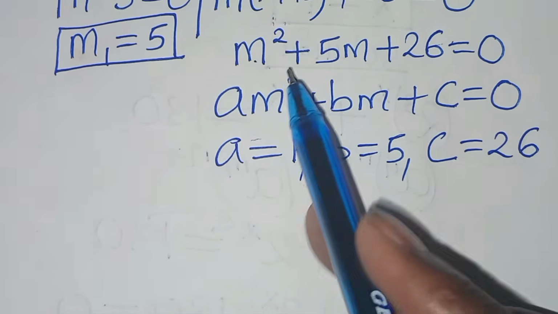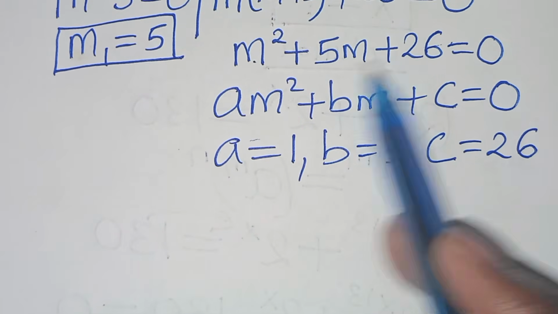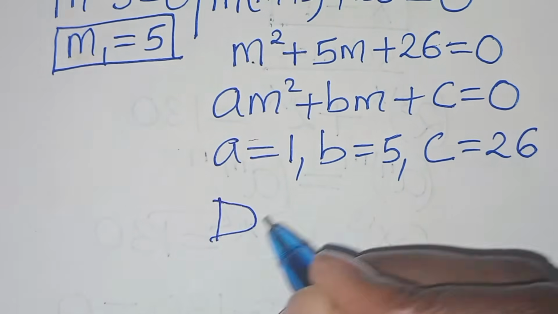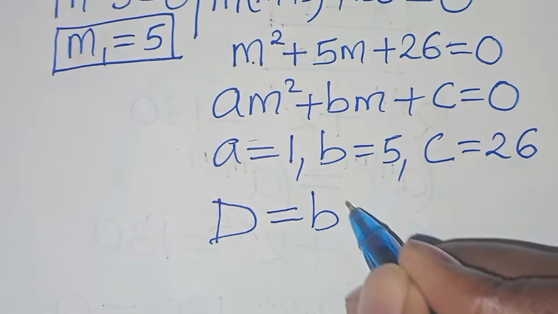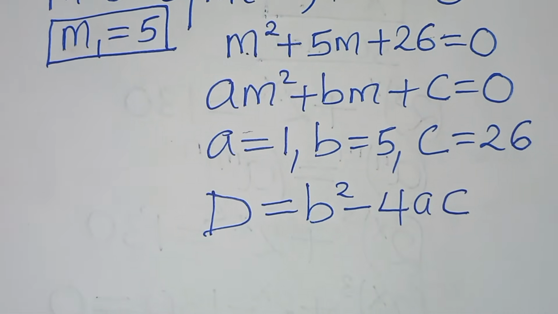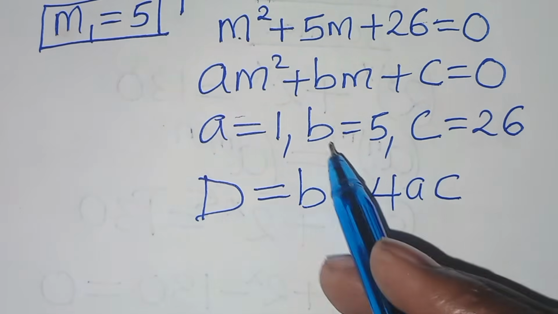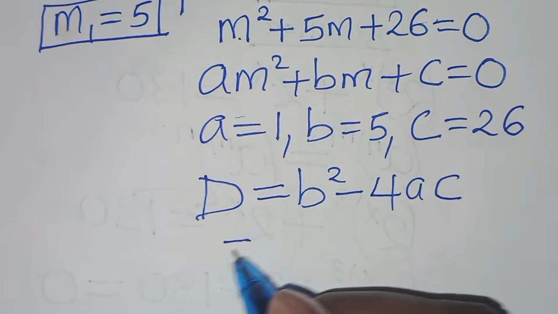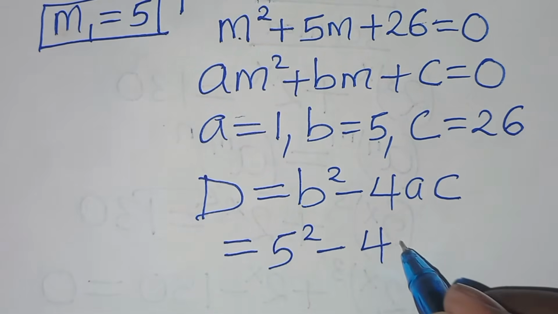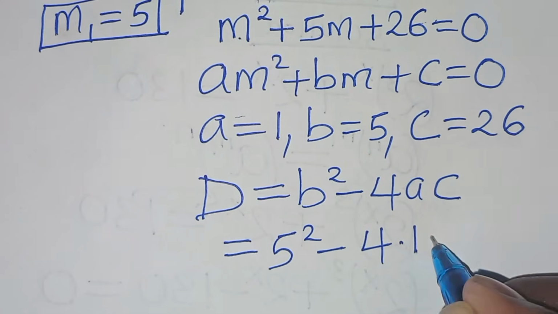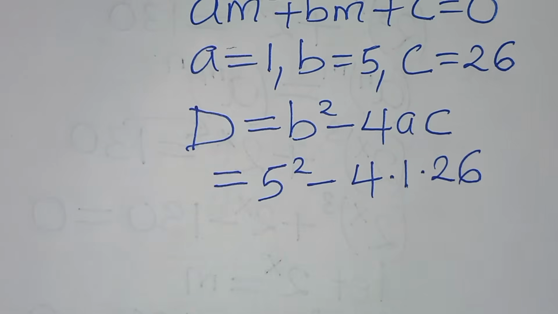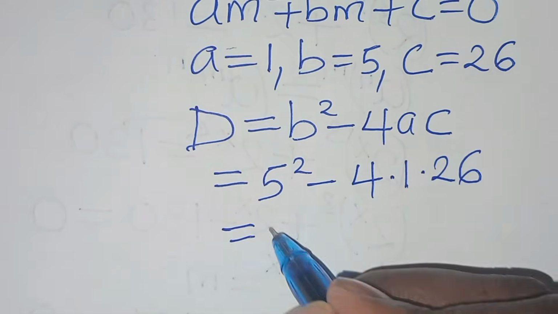Now, let's check the nature of the roots of this quadratic equation by determining the discriminant value, which is b squared minus 4 times a times c. So let's substitute the values of a, b, and c. Here we have 5 squared minus 4 times a, which is 1, then times c, which is 26. So here, 5 squared is 25.